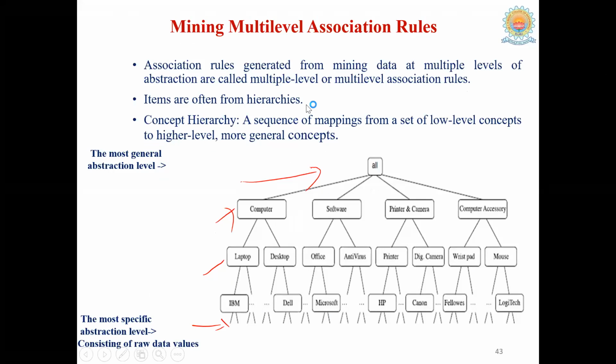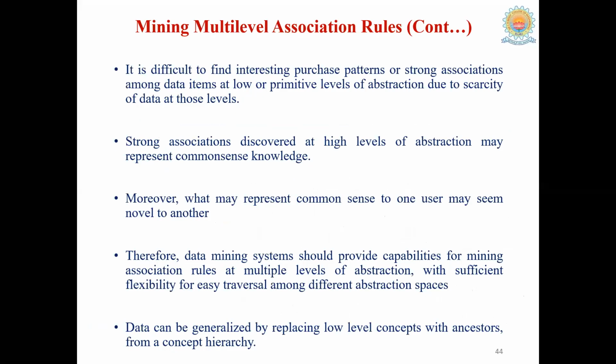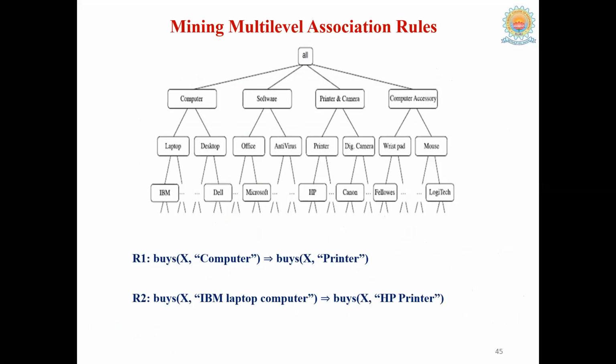Okay. Multi-level association rules. If the association rule consists of item sets from multiple levels of abstraction, then it is a multi-level association rule. In general, it is difficult to find interesting patterns at lower levels of abstraction. Hence, data can be generalized by replacing low-level concepts with their ancestors.